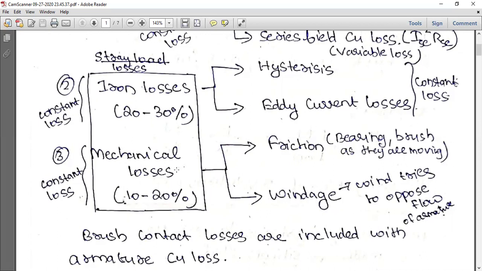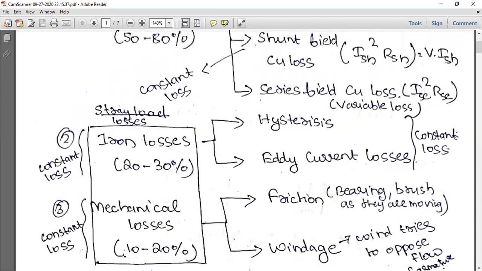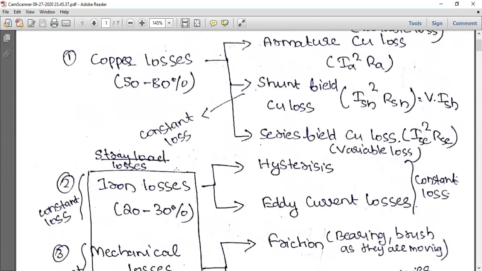Another thing you should understand is that iron losses and mechanical losses are constant losses. They are also called stray load losses. When we studied these three types of losses, many things are included in this particular page. Copper loss has three types, and in the copper loss, armature copper loss and series field copper loss are the only variable losses.